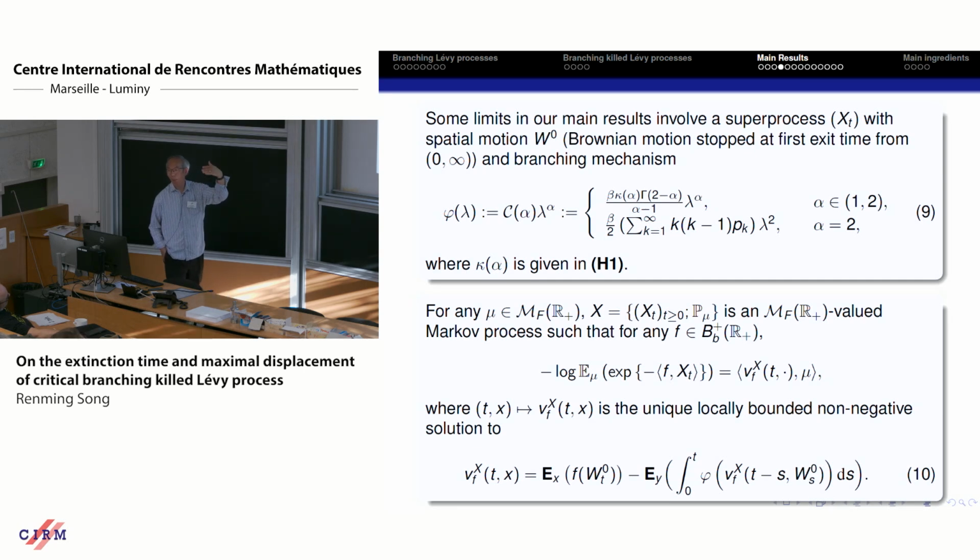In general, if you're not familiar with super processes, a super process can be regarded as a certain high-intensity scaling limit of branching Markov processes, branching random walks, things like that. Although this is not very intuitive, just like Brownian motion can be obtained as a scaling limit of random walks, this super process can be obtained as a high-intensity scaling limit of simpler models.